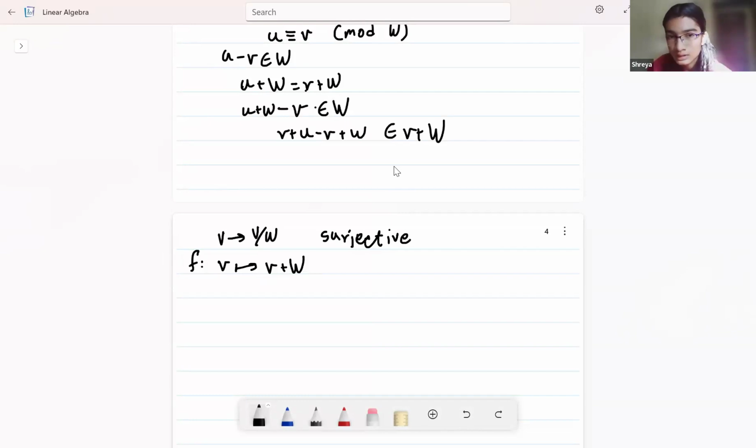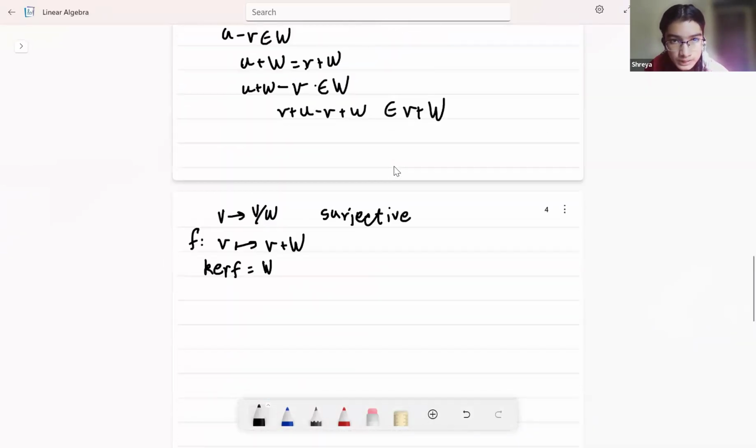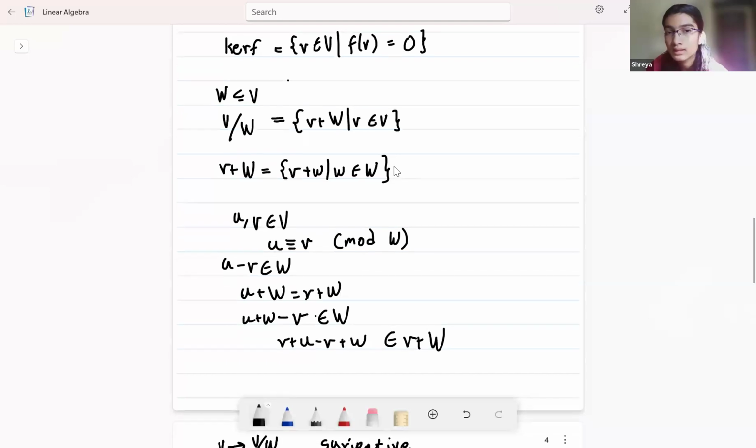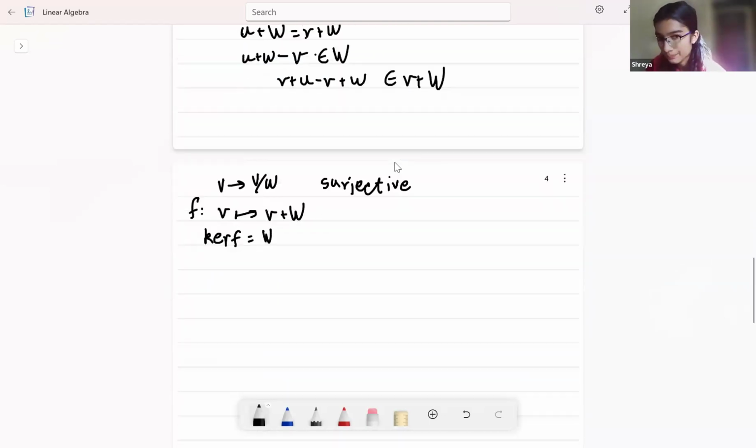And the kernel of this thing is equal to W. So the point is that in fact all of the homomorphisms are of roughly this form. So if it's not equal to V mod W exactly, then it will be isomorphic to V mod W.